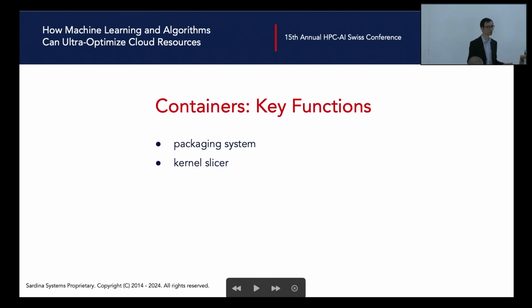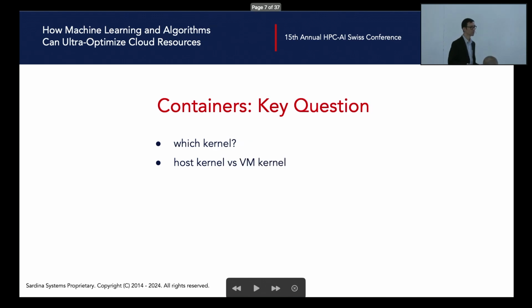A container serves two key functions. First, as a packaging system, and second, as a kernel slicer. If it's a kernel slicer, then the question is, which kernel? And here, you're looking at the host kernel versus the VM kernel.